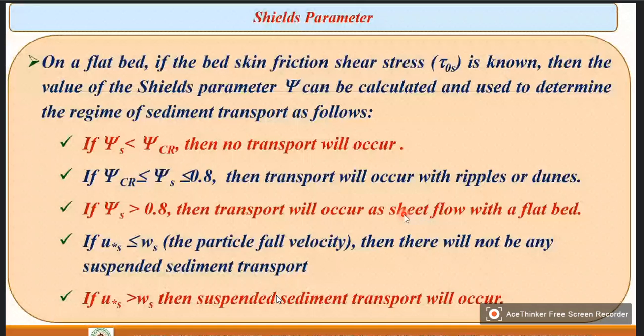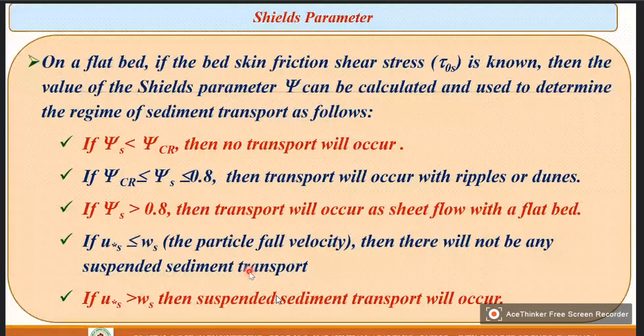Now, if the shear velocity u star near the bed is less than or equal to the particle fall velocity, then there will not be any suspended sediment.